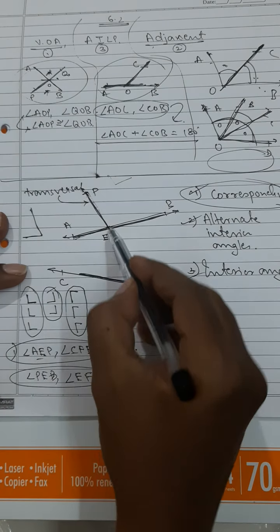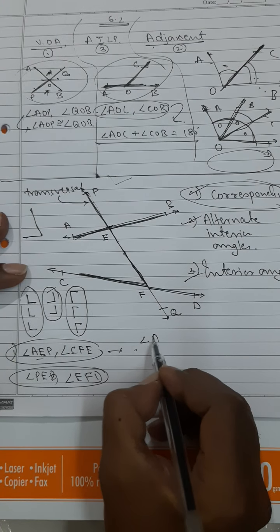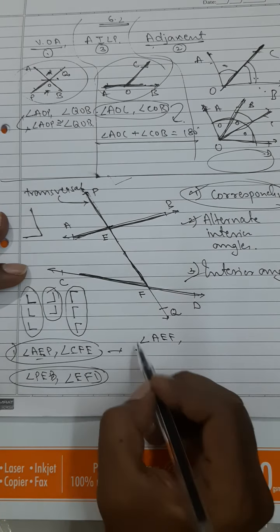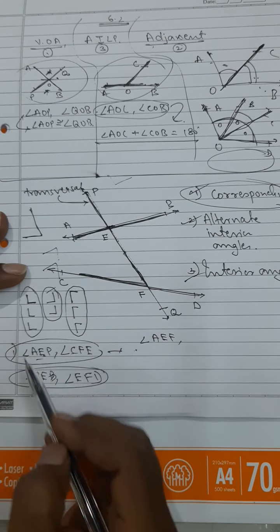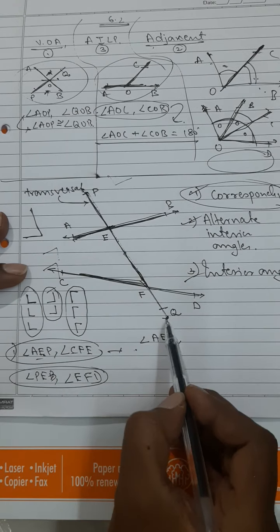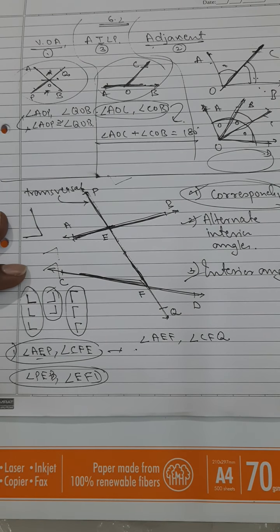Similarly, if I go to angle AEF, who will be corresponding? Now they are traveling like this, so the other one should also be going like this. Angle CFQ. They will be corresponding angles. Pair of corresponding angles. Are you getting, my dear students?